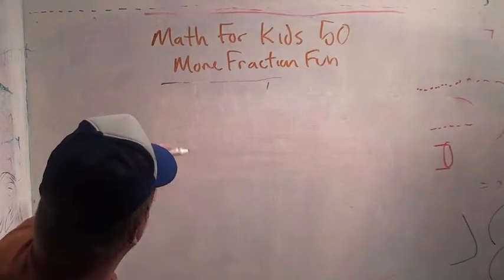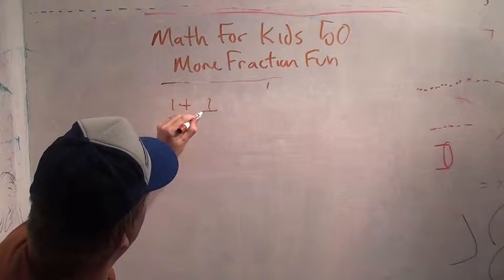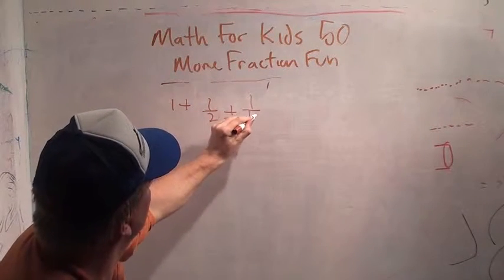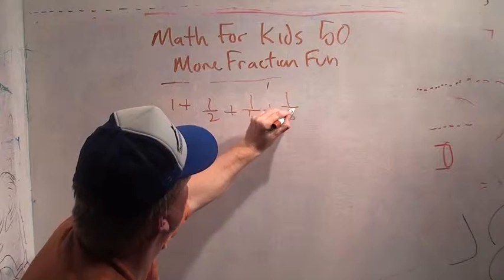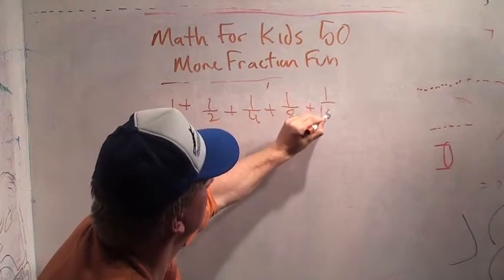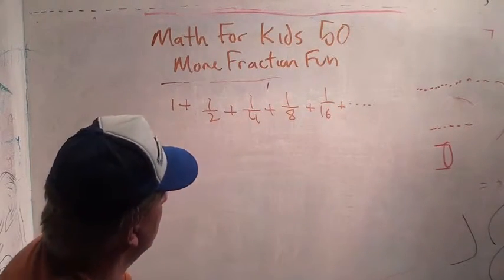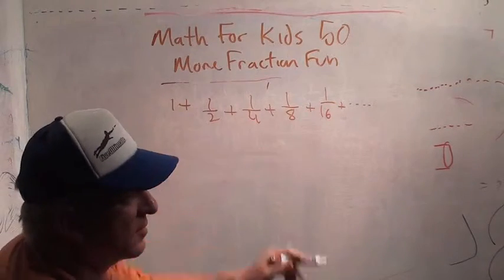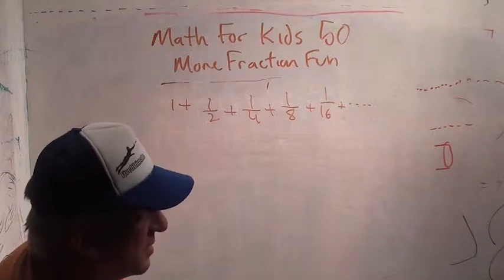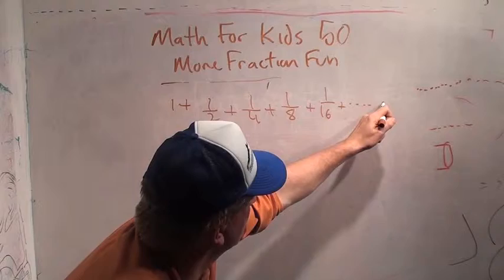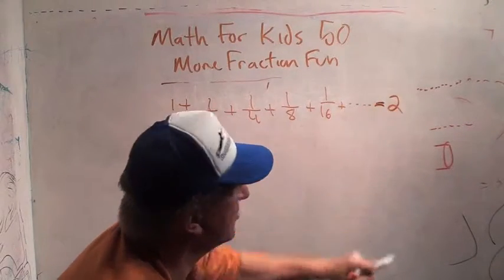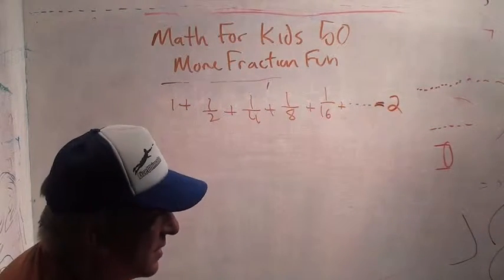For example, this series: 1 plus a half plus a fourth plus an eighth plus 1/16 plus a 32nd. When you look at the 1 over powers of 2, this gets closer and closer to 2, but it never gets to 2.